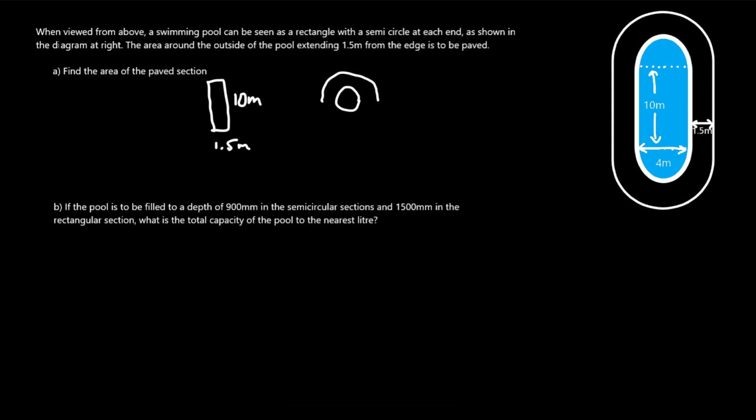If we think about our two semicircles, we could just put them together like this. The smaller radius on the inside would equal 2 because our diameter is 4, and the radius of the bigger circle, I'm going to use a capital R there, would equal 3.5 meters for both there.